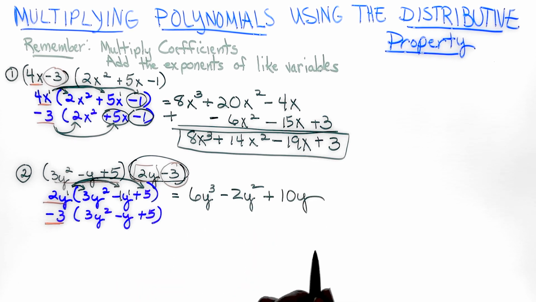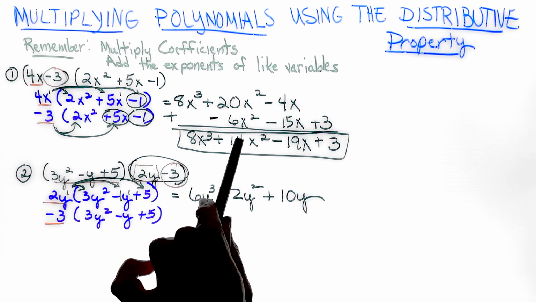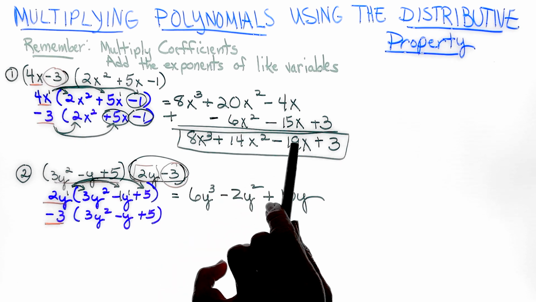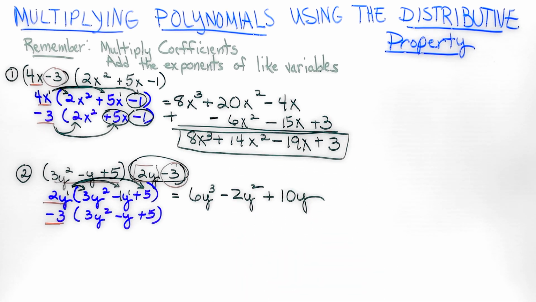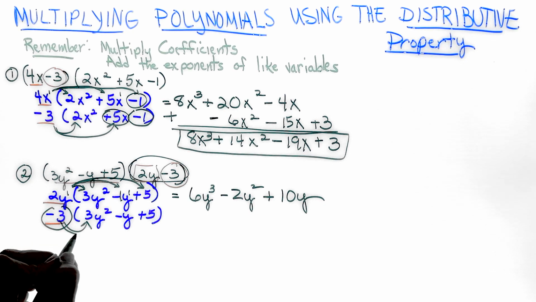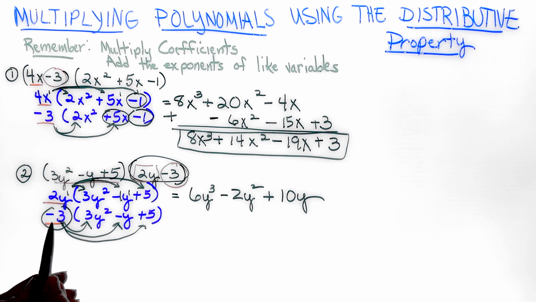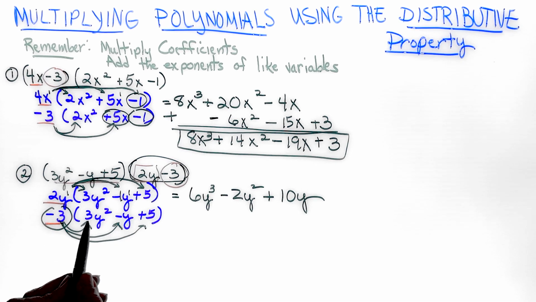All right, let's go to the second. Remember, as we're multiplying the second, we're going to line up our like terms. So a negative 3, we're going to multiply each one of these. Now I have to be careful with my signs. A negative 3 times a 3 is a negative 9, and that would be y squared.